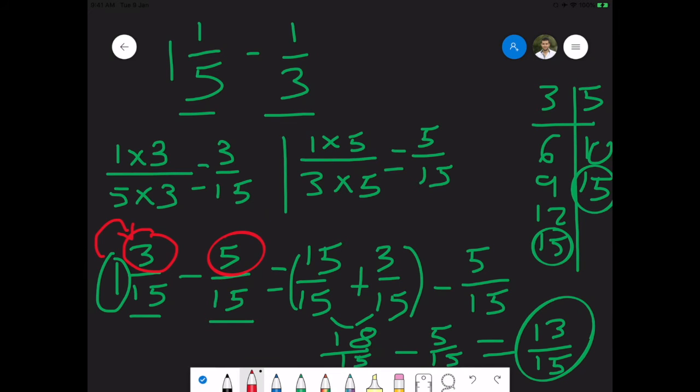Alright, so a whole is 15 out of 15 plus the 3 out of 15. It took us here to the 18 out of 15, and I was able to subtract and do 18 minus 5, which was 13 out of 15.